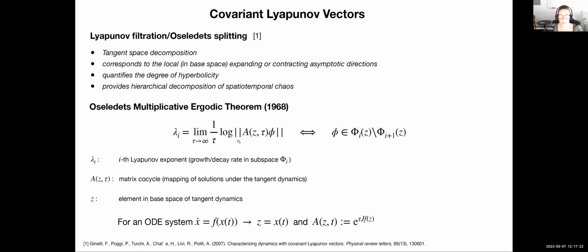And this is all dependent on matrix cocycle dynamics. For an ODE system, that's just defined by the exponential mapping of your Jacobian system forward in time. As I said, your base space can be your initial conditions or time. There are many different ways that you can define your matrix cocycle. So that's just a bit of theoretical background on the vectors that we're looking at.